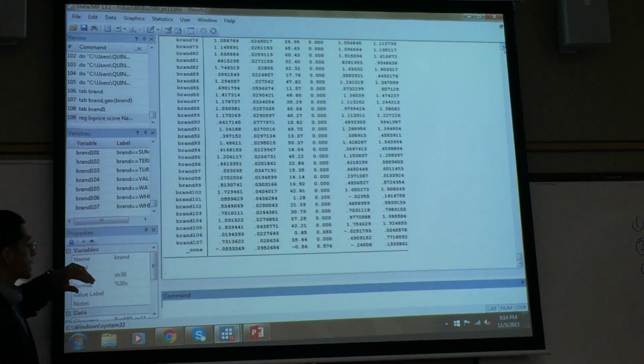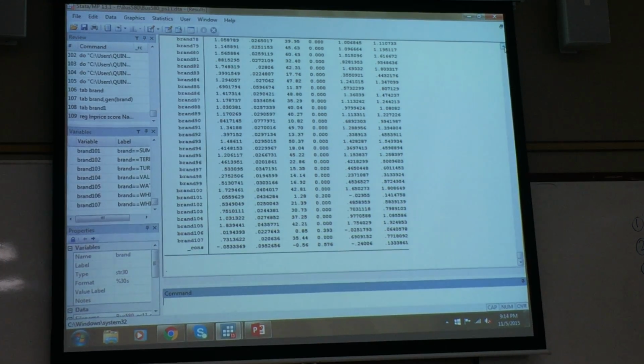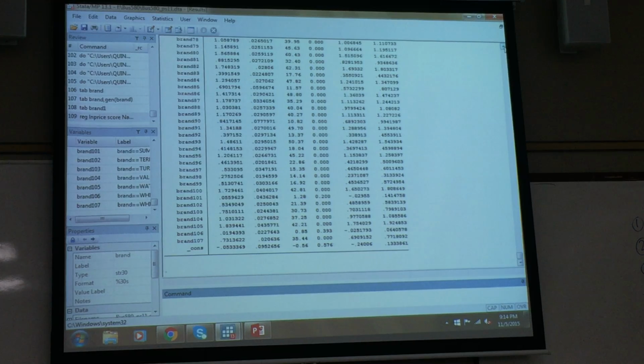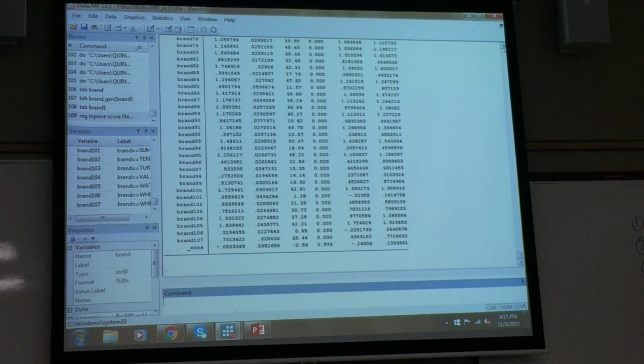I don't know what brand 106 is, but how would you interpret the value of, well, let's say brand 107, which is significant? Dummies are always interpreted as what? Differences, right?